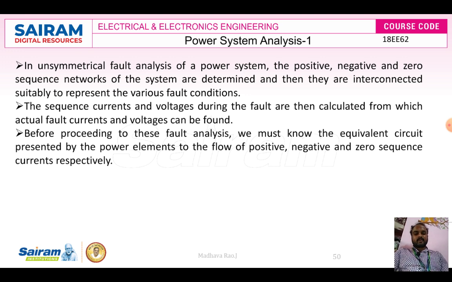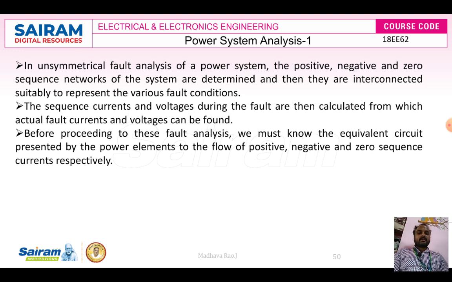The sequence currents and voltages during the fault are then calculated, from which the actual fault current and voltage can be found.